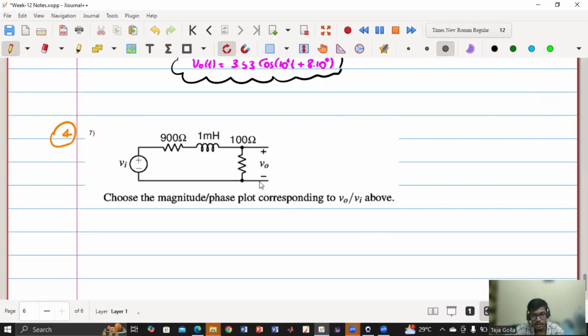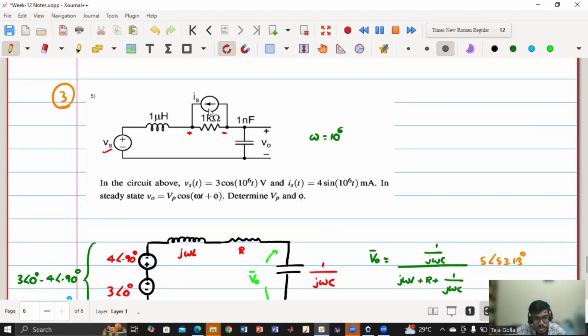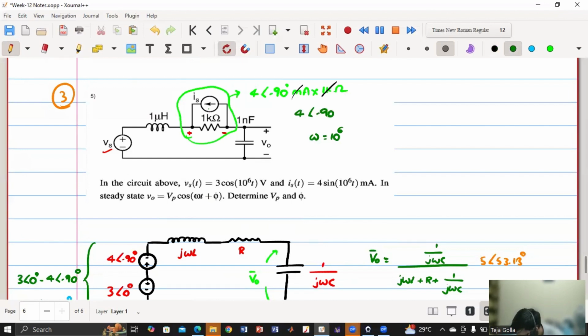Basically what we have done is VS is 3 angle 0, which is already there. Now this part, whatever we have over here, we are doing source transformation. We are converting this current source into a voltage source. What will be the voltage source value? Current source 4 angle minus 90 degrees milliampere into resistance 1 kilo ohm. The milli and kilo get cancelled, so the voltage source value is 4 angle minus 90 degrees volt.